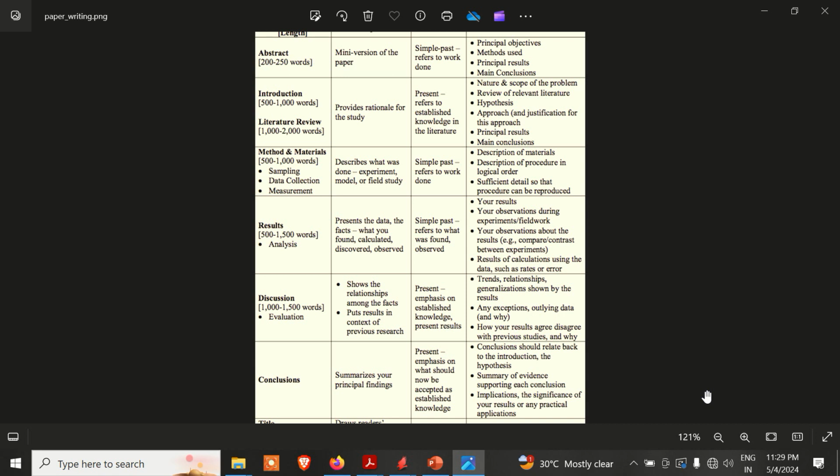And it's about the description of the procedure in a logical order, because you are talking about the methods, and with sufficient details so that other researchers, by going through your materials and methods, will be able to implement those techniques and your own proposed method, because I'm sure every researcher will have added some knowledge to the existing work, the delta contribution.